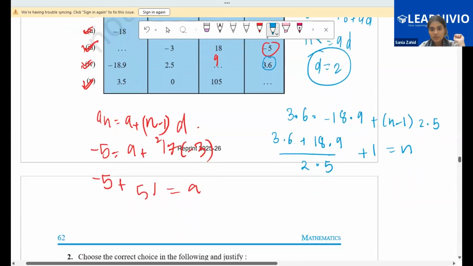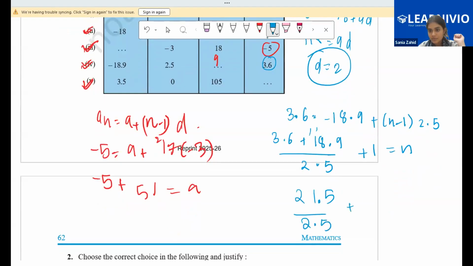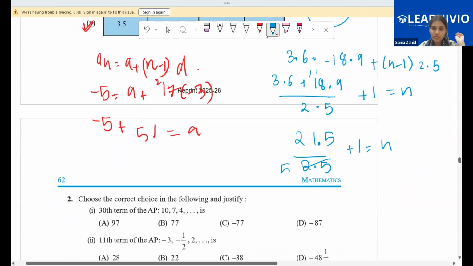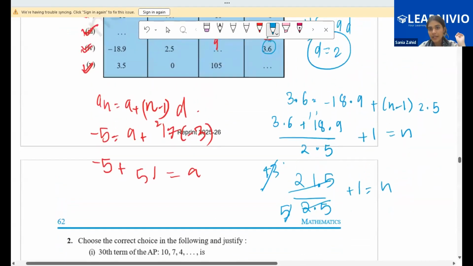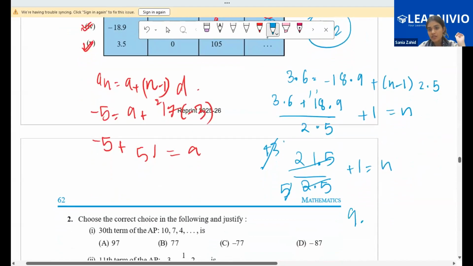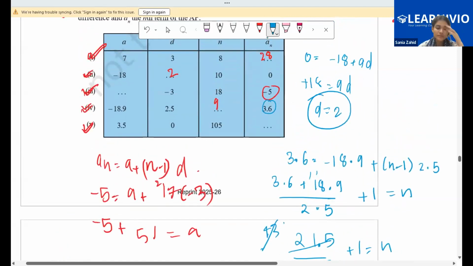So this becomes n. 22.5 divided by 2.5 gives 9. How are you getting 9? Check it again.